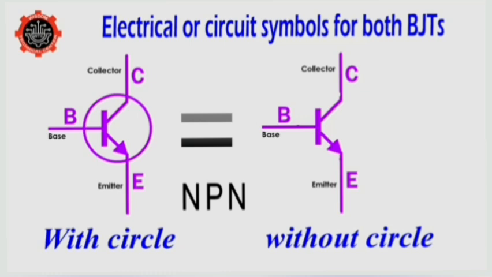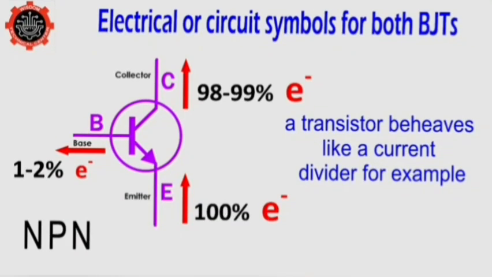And now the other thing I want to point out to you is that generally 100% of the electron current flowing through the transistor will always flow through the emitter.